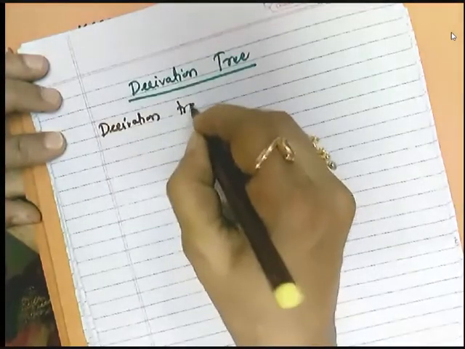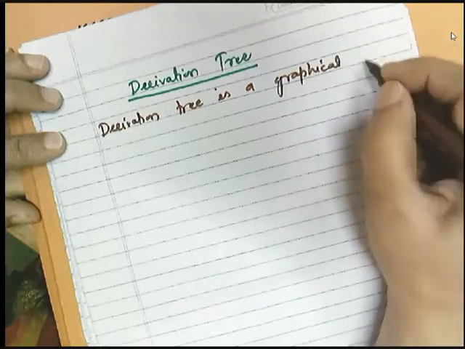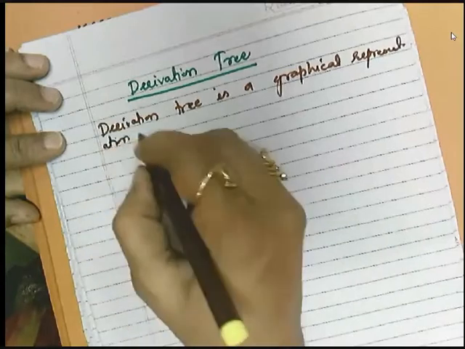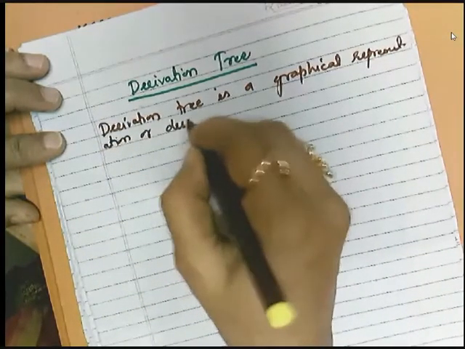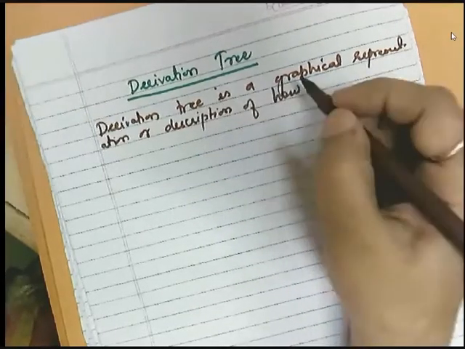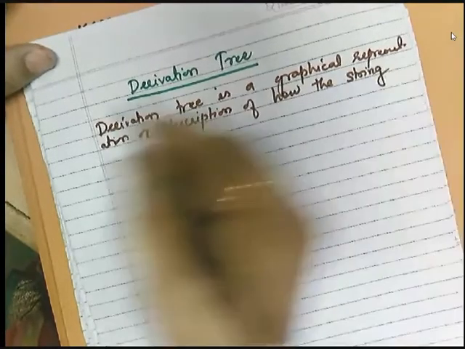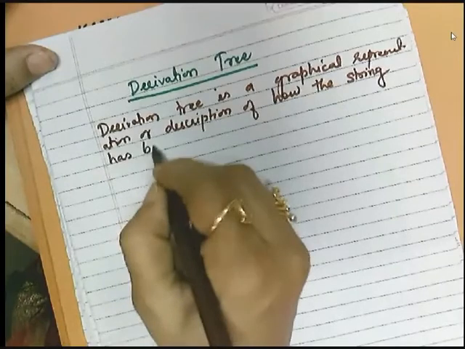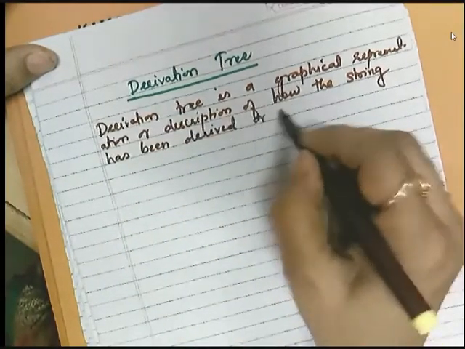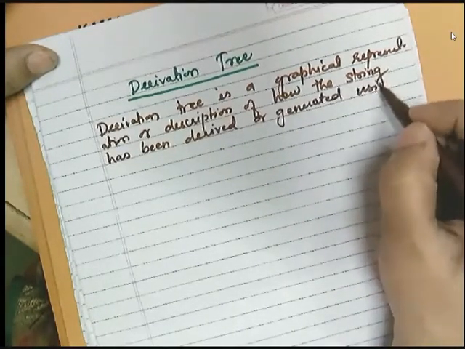So the definition, you can consider it as: a derivation tree is a graphical representation or description of how the string has been derived or generated using a grammar.